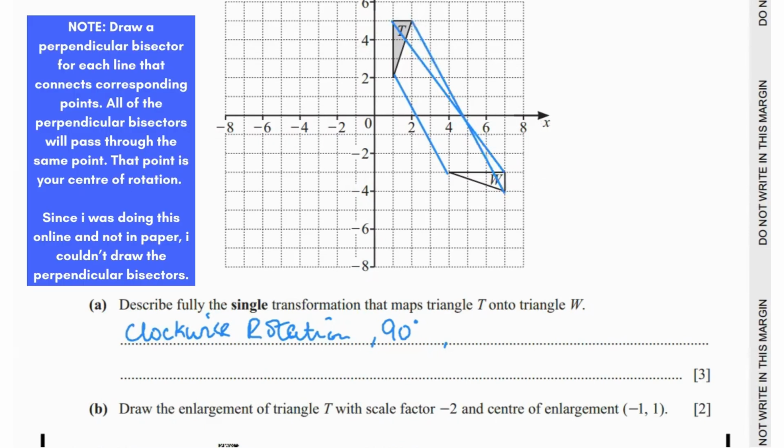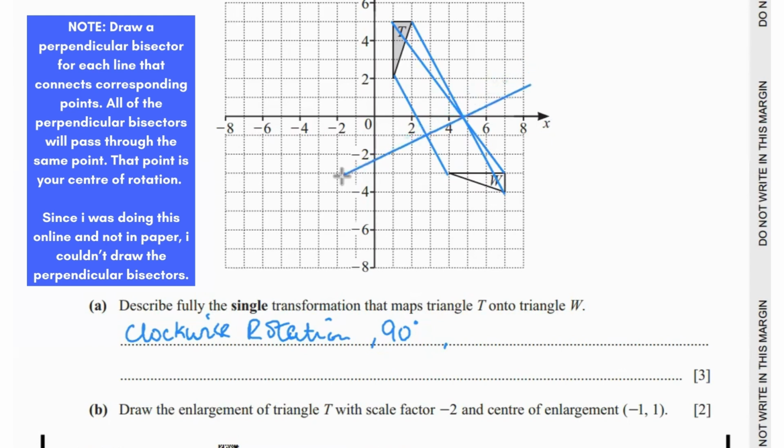And if we draw a straight line passing through this, which will be perpendicular to all of these points, that line passes through 0, -2. So this is your center of rotation.